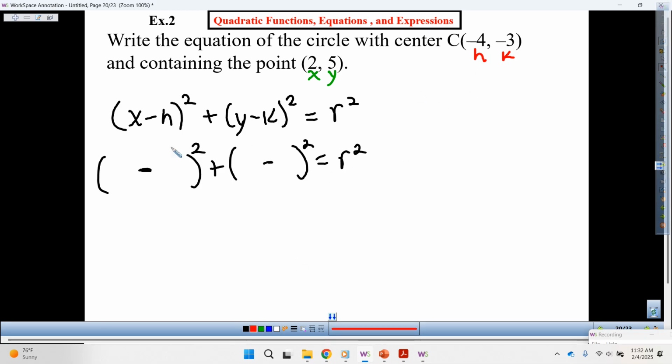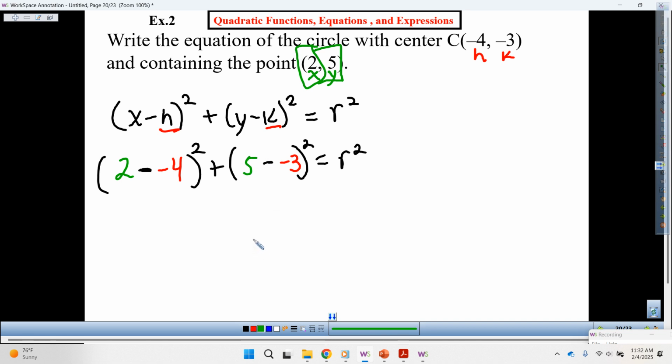H is -4. K is -3. Then we got x is 2. And y is 5.